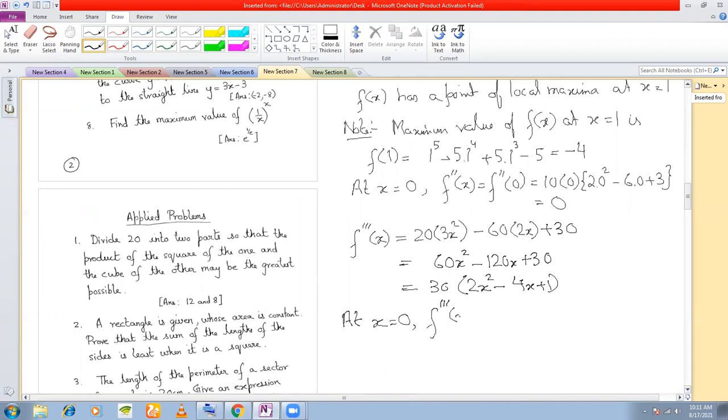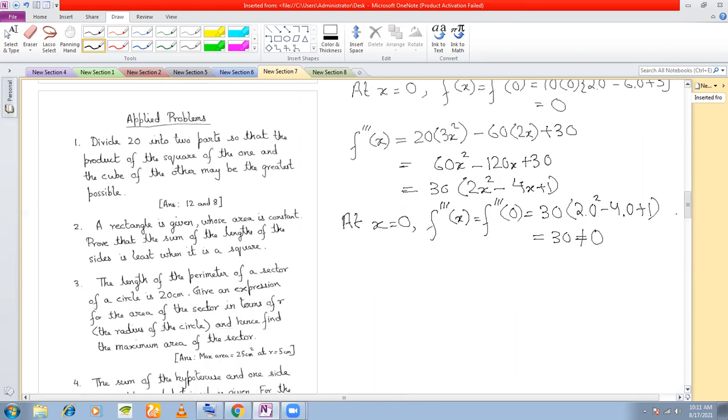f triple dash x is equal to f triple dash 0. Put the value: 30 into 2 into 0 square minus 4 into 0 plus 1. See this, you get this is equal to 30, which is not equal to 0, right? So that means x is equal to 0 is a point of inflection of f(x).